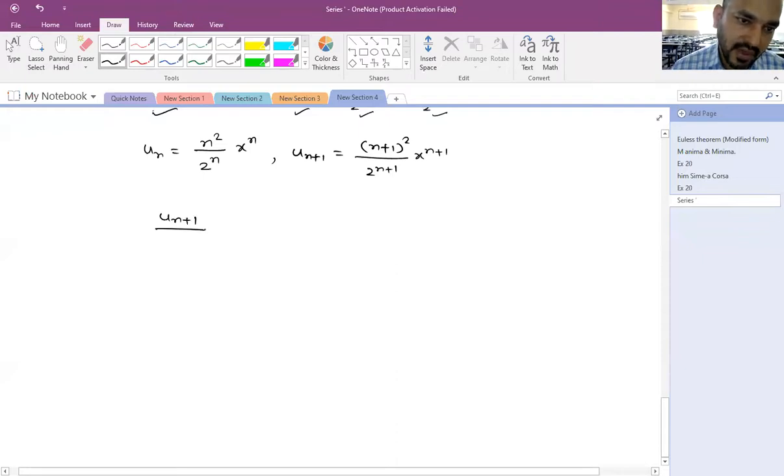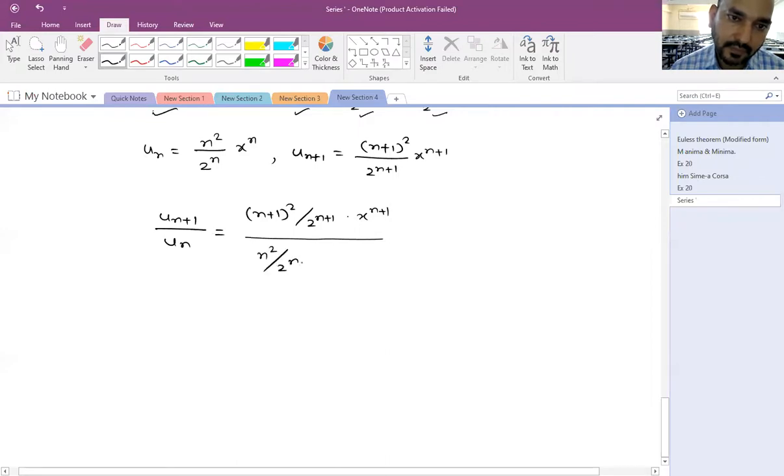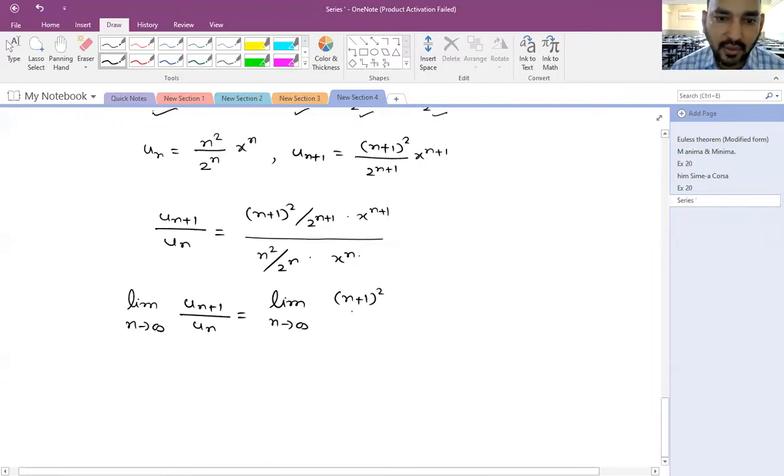Now, un plus 1 upon un is n plus 1 whole square upon n square, 2 raised to n upon 2 raised to n plus 1, x raised to n plus 1 upon x raised to n.